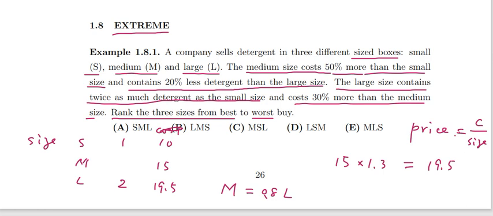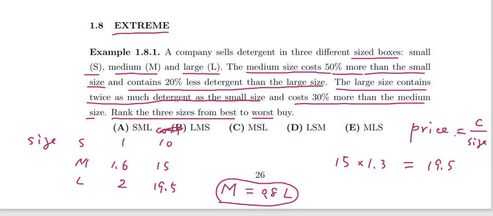Okay. So here, let's say if m equals 0.8 and L equals 2, then the middle size is 1.6, right? So we can say suppose the small size is 1, the large size is 2, and the middle size is 1.6, and the cost of this.